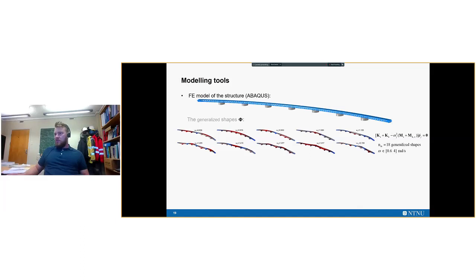So the modeling tools we use to model this bridge is a combined Abaqus and Hydro-D model, where from Abaqus we obtain the generalized shapes, and the fluid structure interaction is modeled in Hydro-D, where we have panel models of the pontoons.